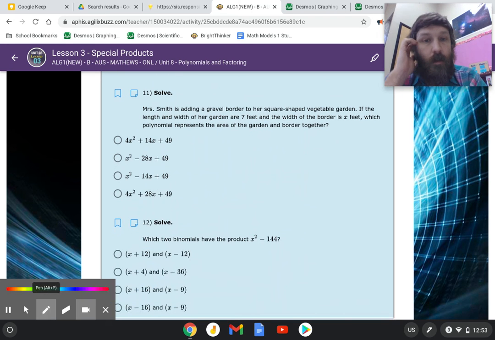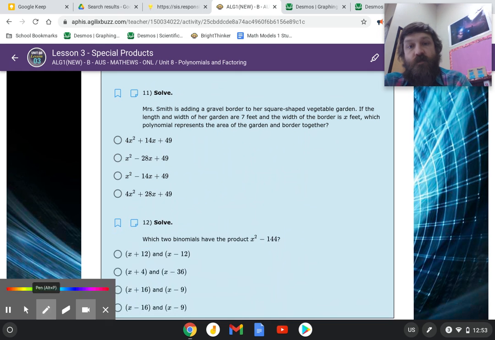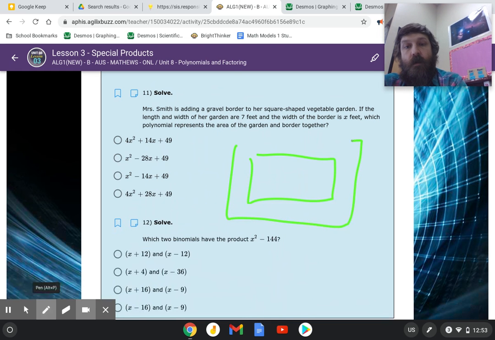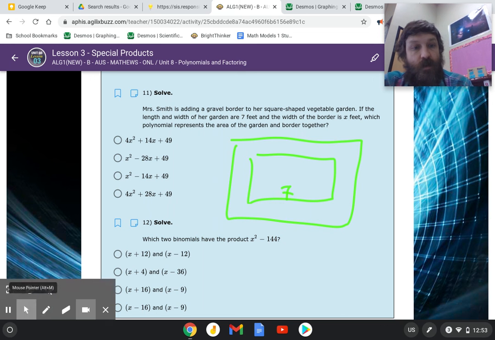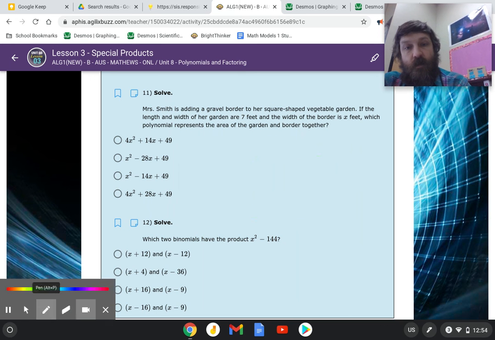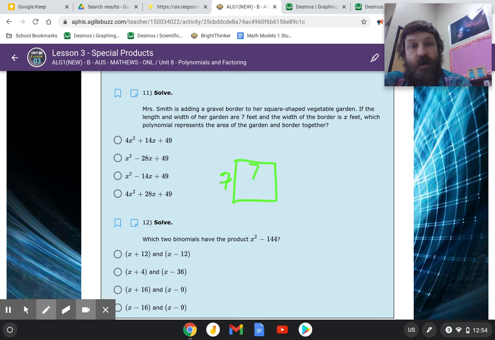Number 11 is a word problem. It says that Mrs. Smith is adding a gravel border. So she has a vegetable garden, and she's going to add a border. So we know the garden is 7 feet on each side. So I should probably draw that a little differently. Let's say we have a 7 by 7 garden, and then we're going to add a border.